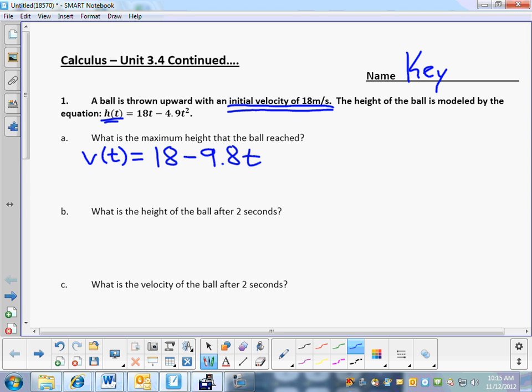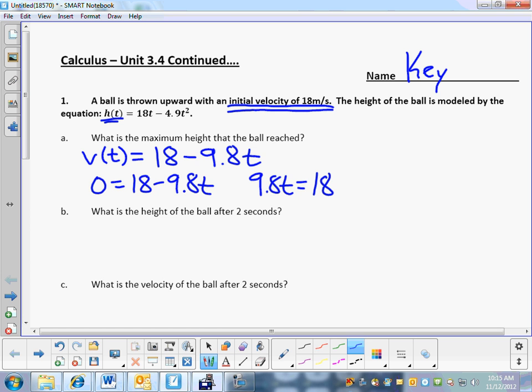Now, the other part of it is that we want to know exactly when the velocity is equal to 0 because that's when it changes direction. That's when the ball gets to its maximum height and it's on its way down. So we will say that 0 is equal to 18 minus 9.8t, or 9.8t is equal to 18.